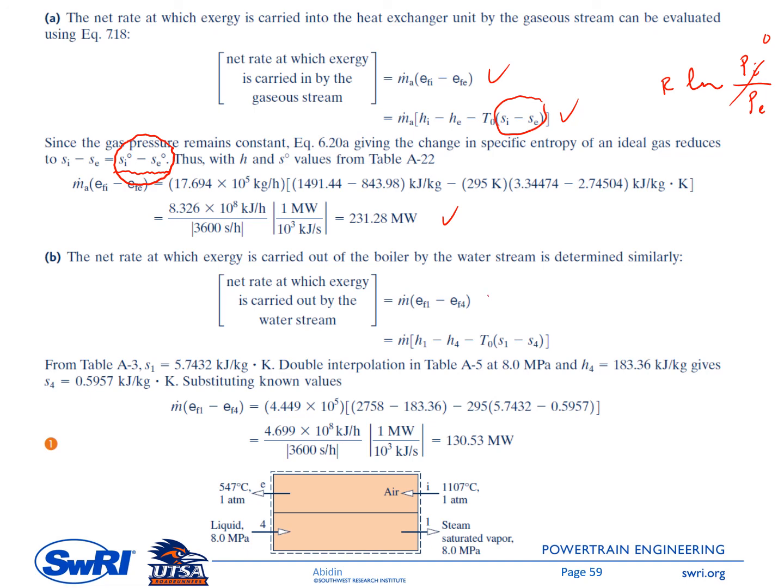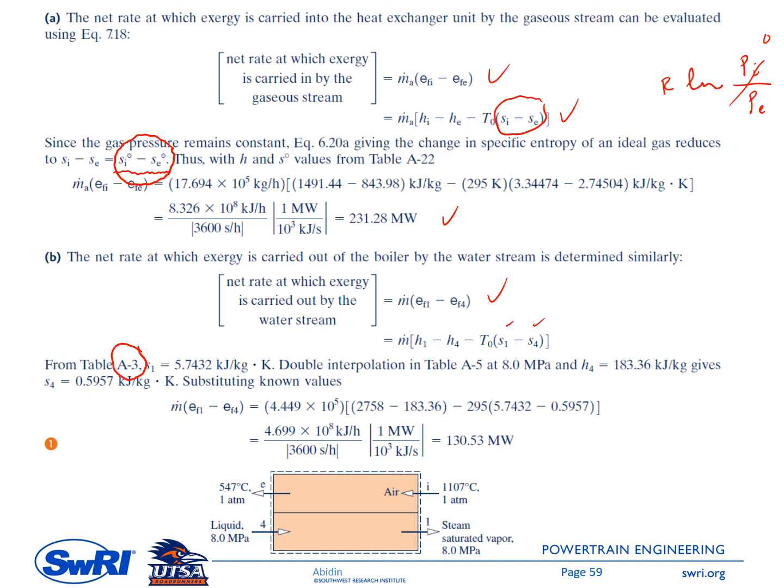The second question is the net rate at which exergy is carried out of the boiler by the water stream. So we use the same formula, but in this case it is for the water side. So we have h1, h4, and then using the same table, you can get s1 and s4. In this case, you use table A3 because pressure is given there, and then you should be able to get h4 and s4.